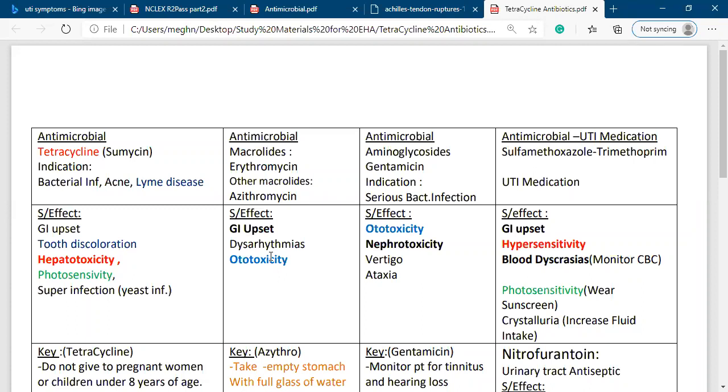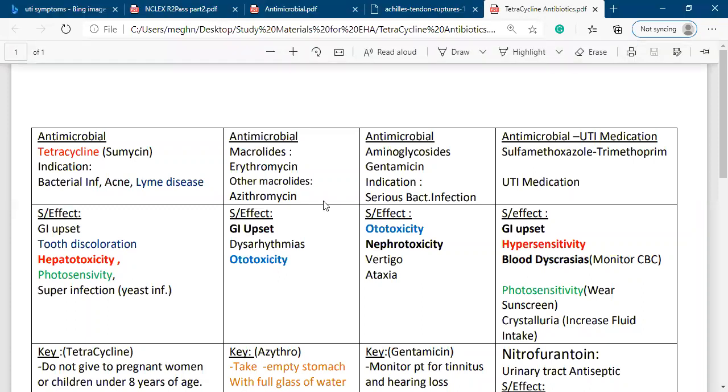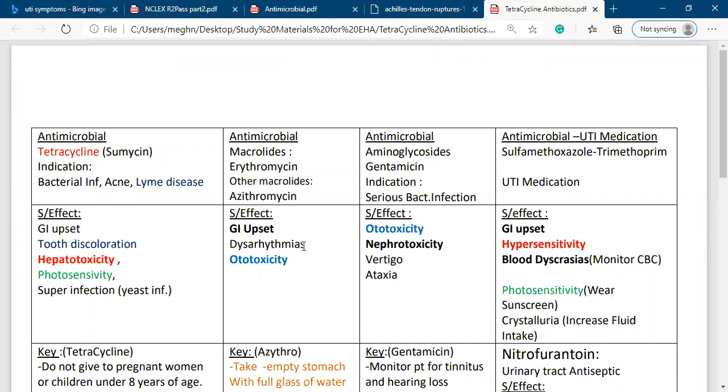Okay, so vital signs are definitely important to check, or you can check the EKG to see whether any kind of disease may develop or not. Other side effects of this medication are ototoxicity, GI upset, or dysrhythmia.